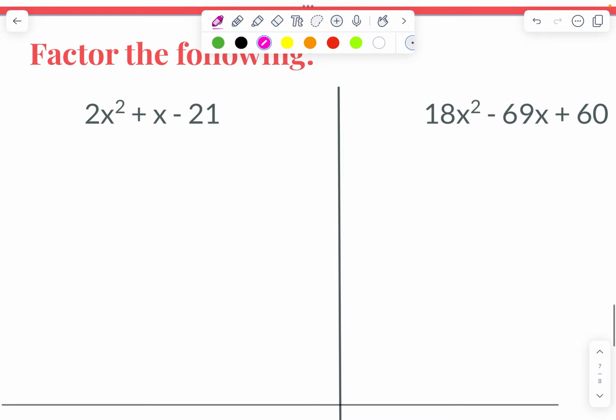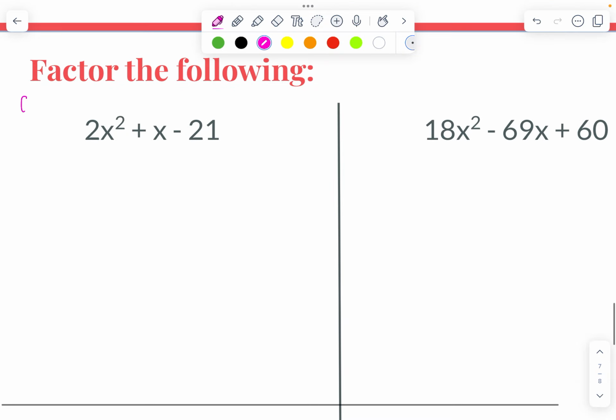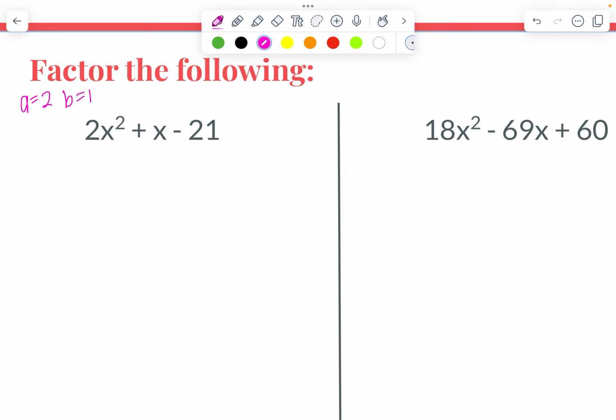Let's look at another one. In this case, A is 2, B is 1. Remember, there's an imaginary 1 there. C is negative 21. So A times C then is negative 42. So looking at our x, we have negative 42 on top, positive 1 on the bottom.